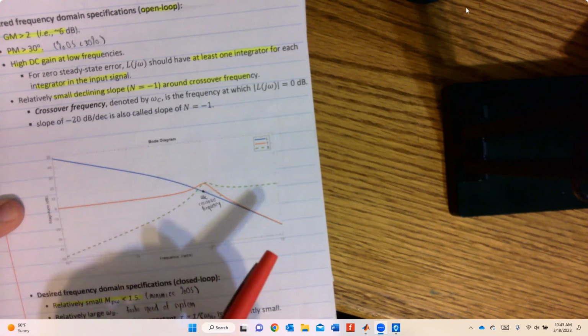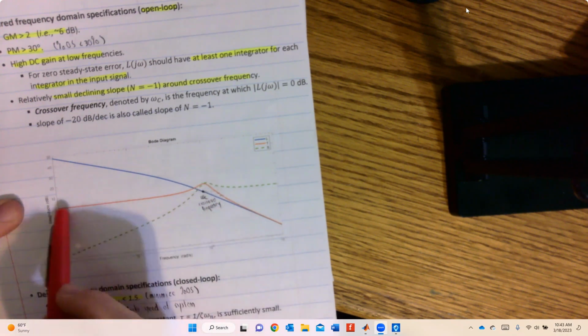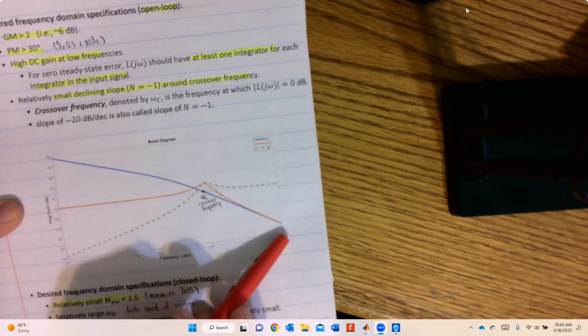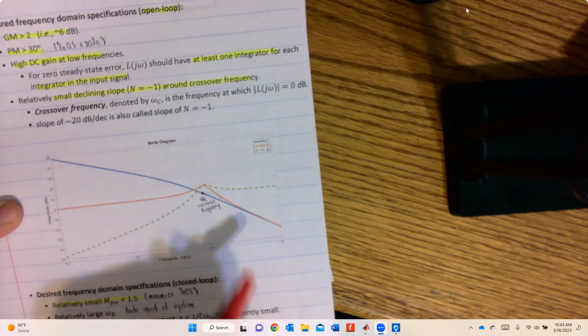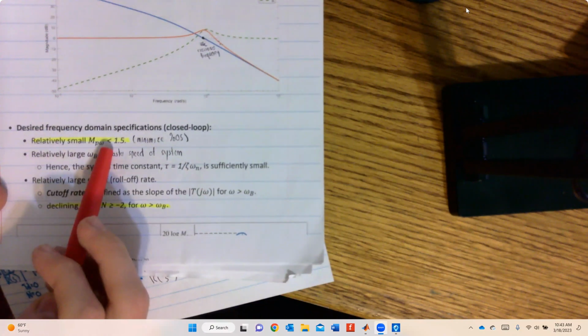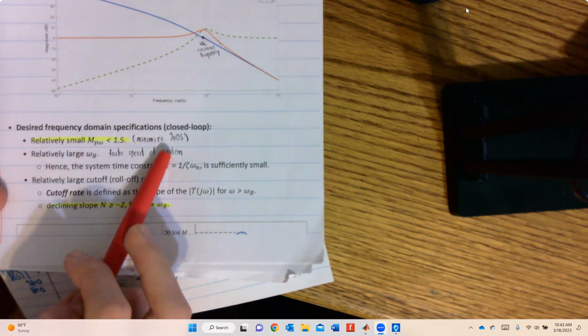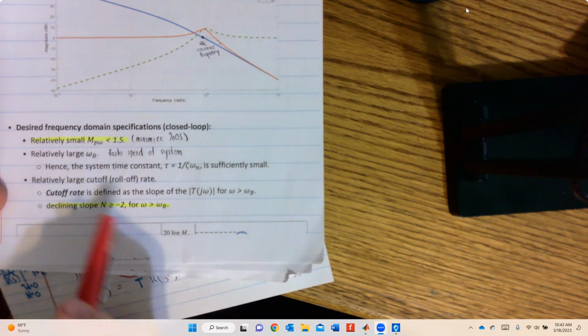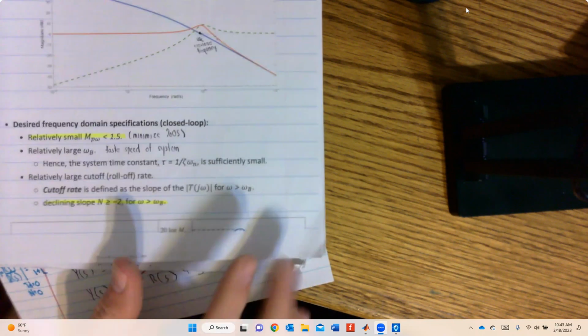When we hit that 0 dB point, we want to make sure that we attenuate those high noise signals. And then for the closed loop system, we want the peak to be less than 1.5 so we don't have much overshoot. And we want there to be a declining slope around our bandwidth. So we're going to try and aim for that.